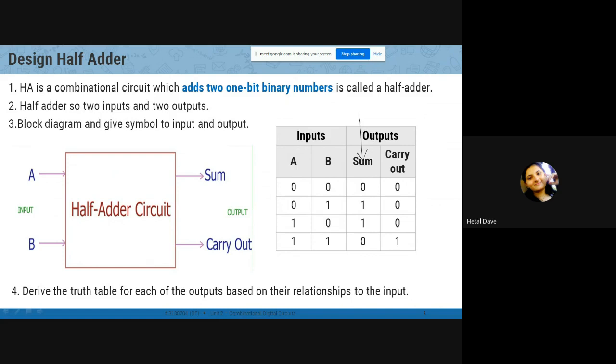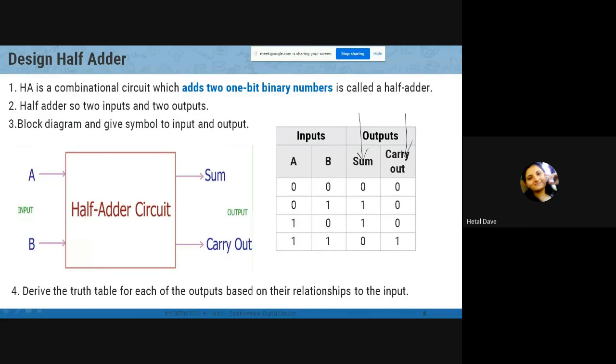Which gate does it represent? XOR gate. Now observe the carry out column. Which gate does it represent? It is an AND gate.